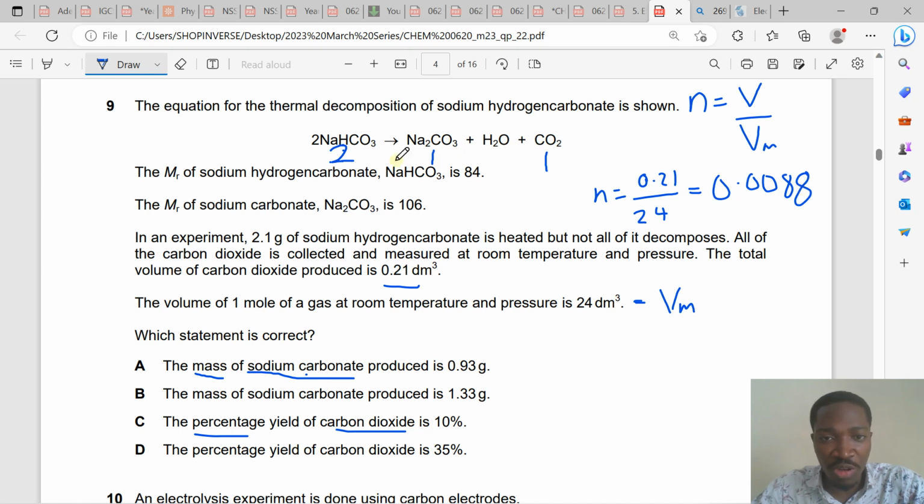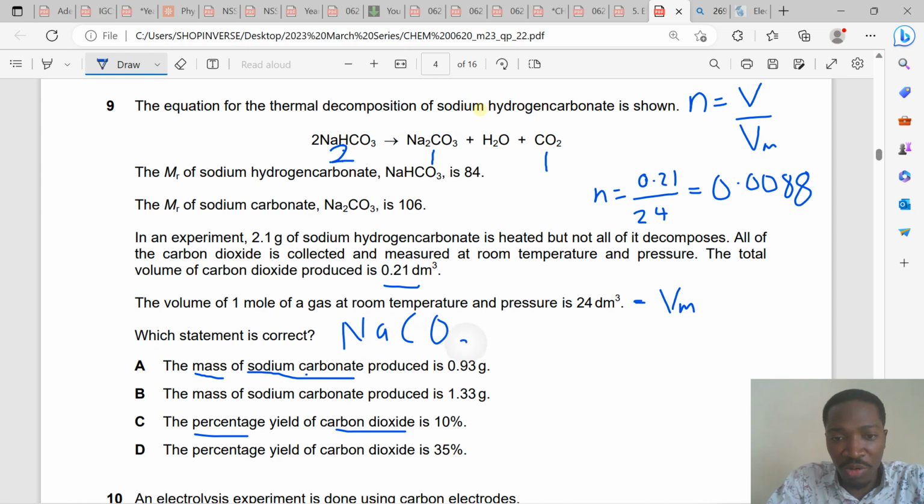Therefore, the number of moles of sodium carbonate that we produce will also be 0.0088. So how do we get the mass from here?